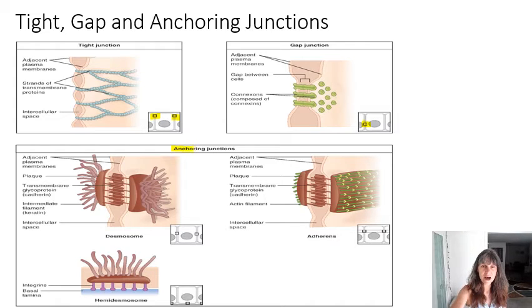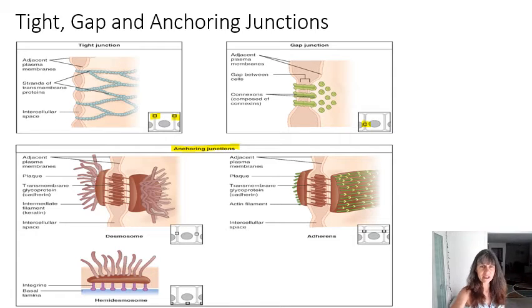Finally, we talked about desmosomes, which are one of three kinds of anchoring junctions. Remember, desmosomes are sometimes referred to as spot welds, where two cells are welded together, or they have a very Velcro-like configuration because they hold cells together very tightly.